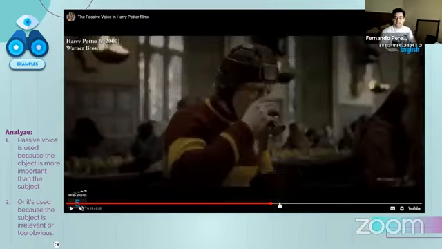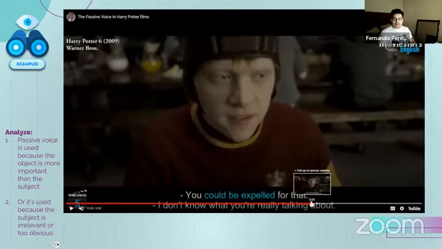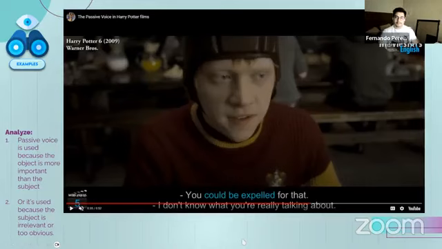In the next one, we have one of the most interesting ones. Could be expelled. Here, we are not using a simple verb. We are using a modal, could. And could is talking about possibilities in the future. The possibility for Ron in this example is to be expelled. He can be expelled for cheating.